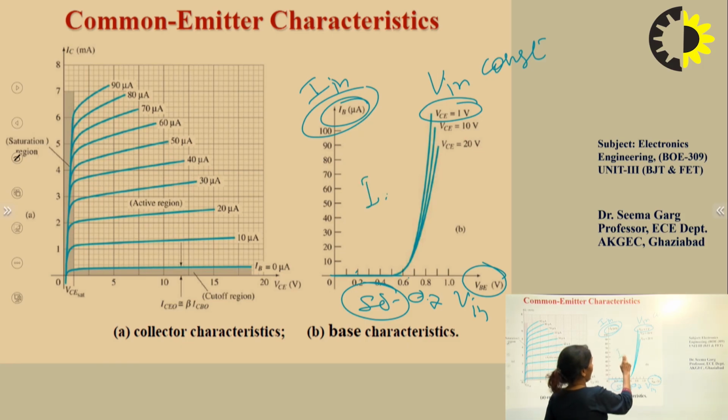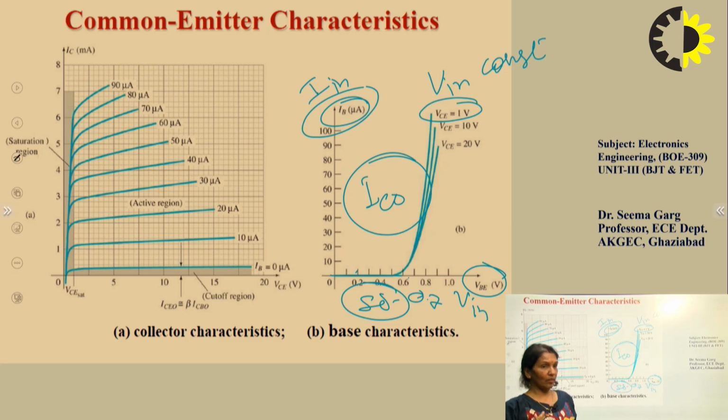That is ICO. ICO is a very small amount of current, of the order of picoampere, because this current is due only to the minority charge carriers. The contribution of this current is very, very small, and that is why there's not much difference in the characteristic curve.